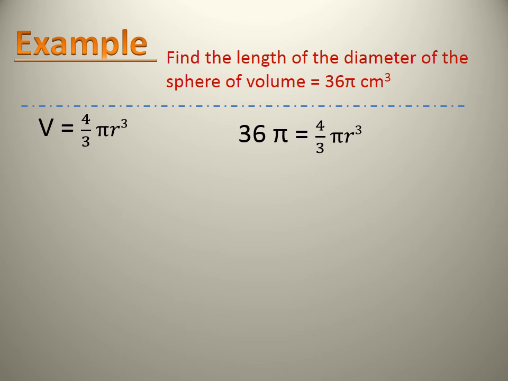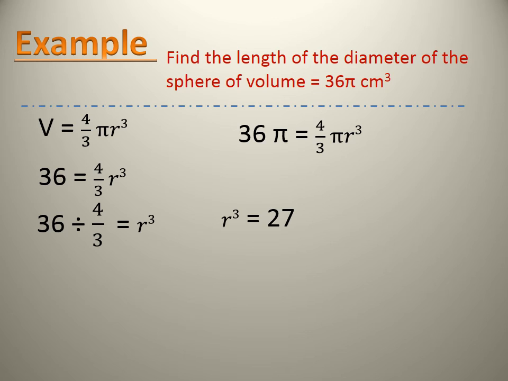The π on both sides cancels. We have 36 equals 4 over 3 r cubed, and we want to find the value of r. So r cubed equals, divide both sides by 4 over 3, the result is r cubed equals 27.